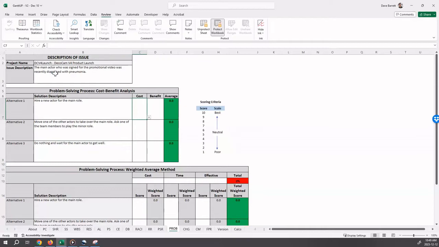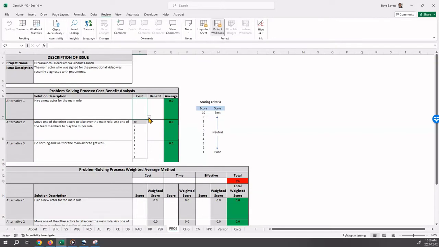Now let's rank the costs and benefits. Now we're going to use the scale, where 10 is best, 1 is the least best or poor, and that in the middle is somewhere sort of neutral. So we're going to use that scale. So for the costs and benefits, for the first alternative, we can select 10 best through 1 worst.